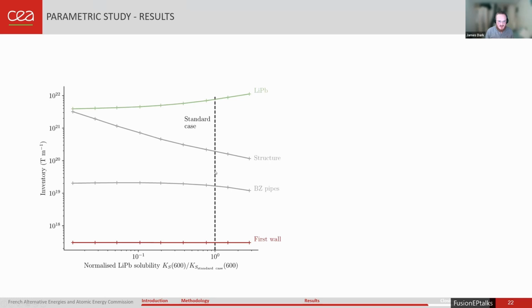And bearing in mind, this is our standard case of solubility that we use in the rest of the work. So depending on what reference you use for your solubility, for the majority of other references, your inventories could actually be magnitudes higher.